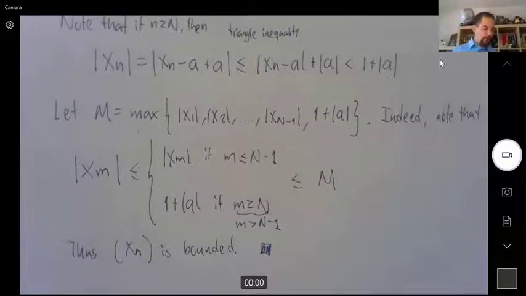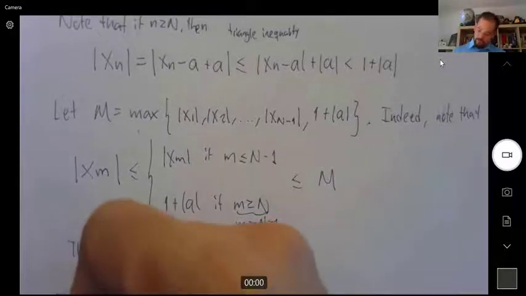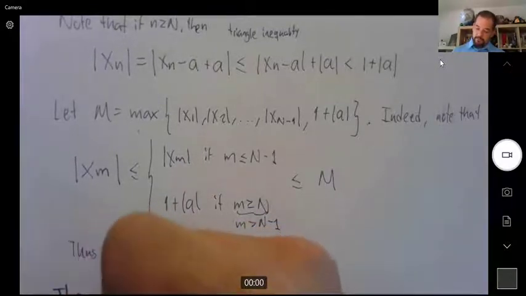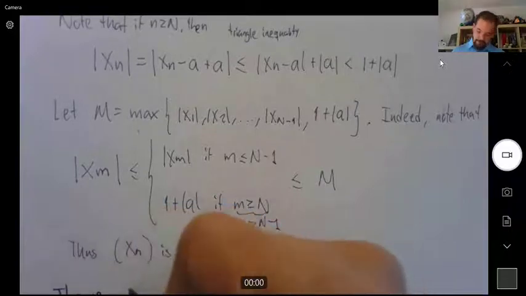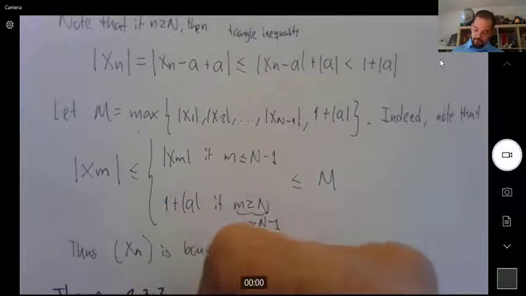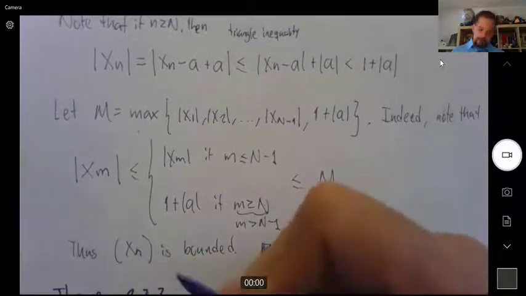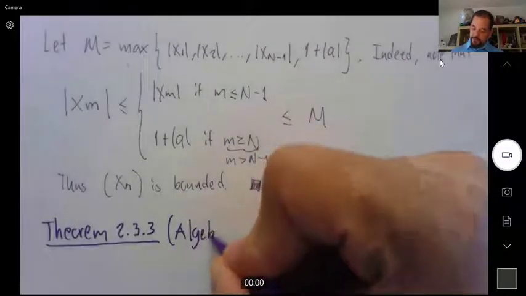Good. So the next one is actually very important, and we're going to use this, and we're going to take our time to do this one correctly. This is the so-called algebraic limit theorem in our book.